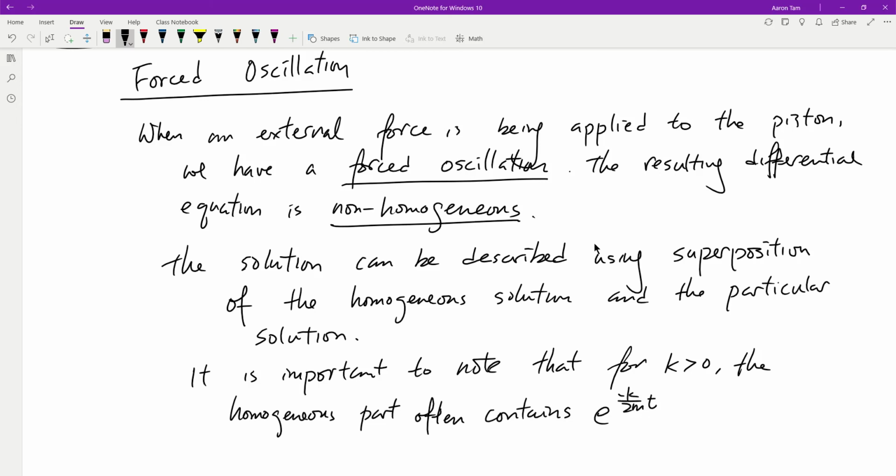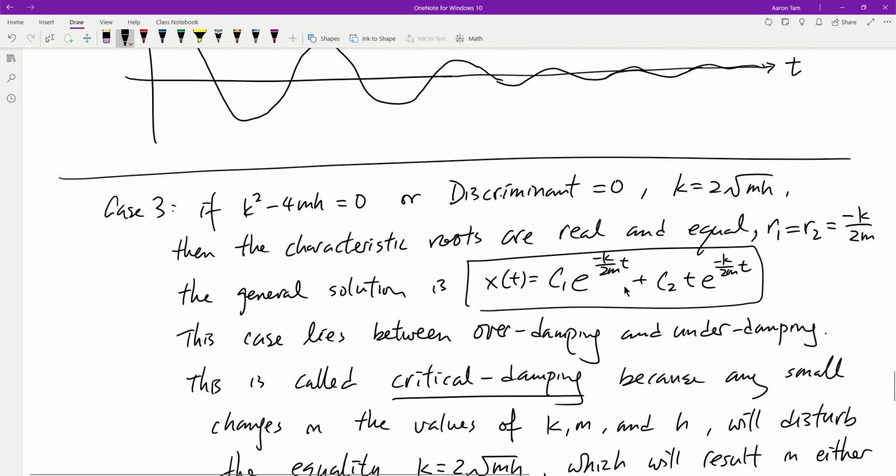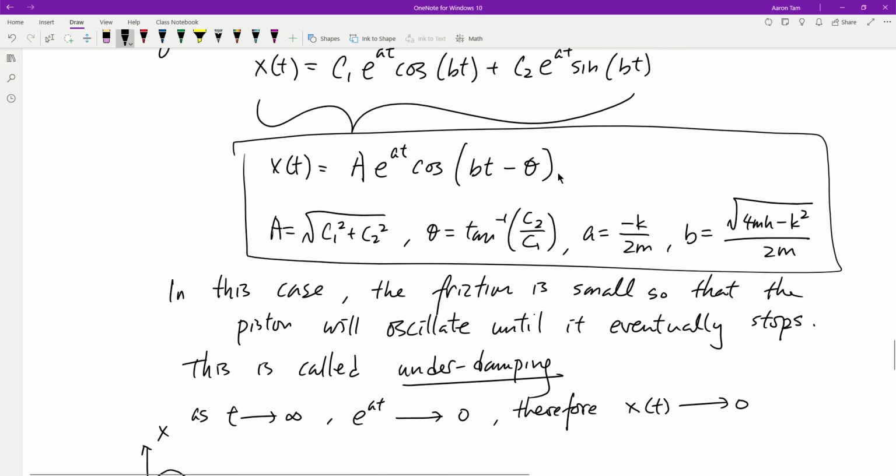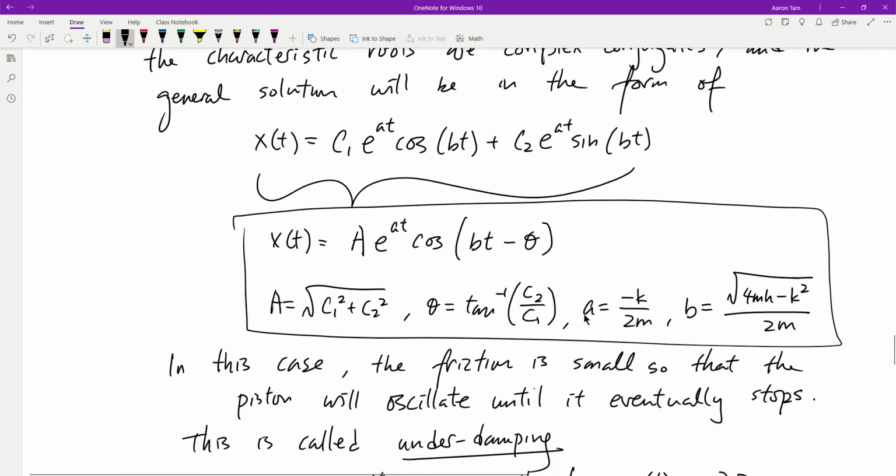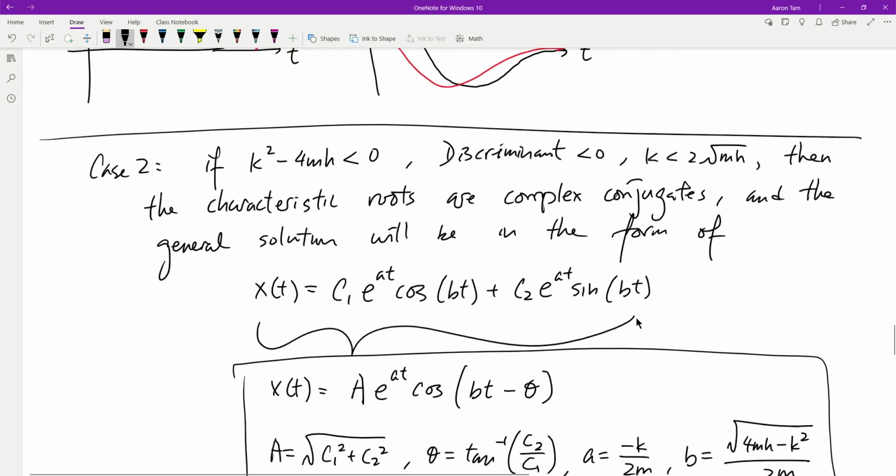And if you think about it, it makes sense. In the critical damping case, we have that. In the underdamping case, we also have e to the negative k over 2m t.